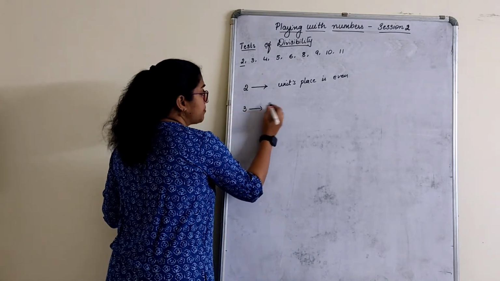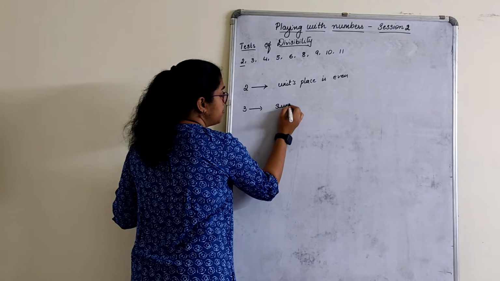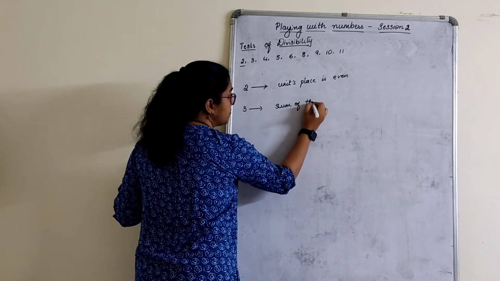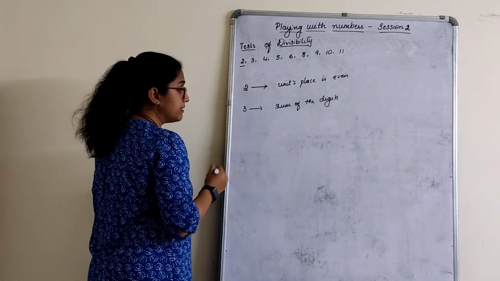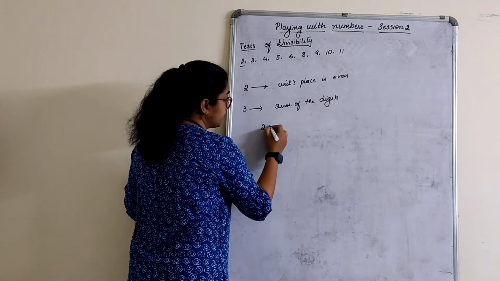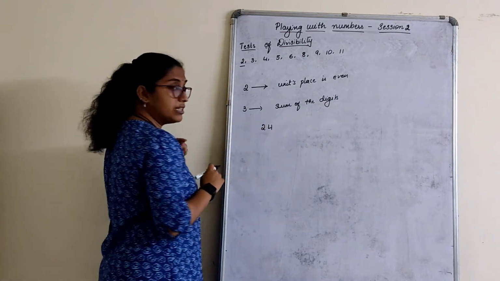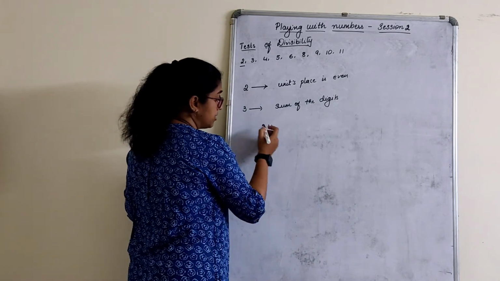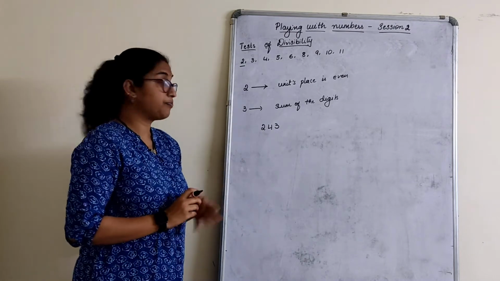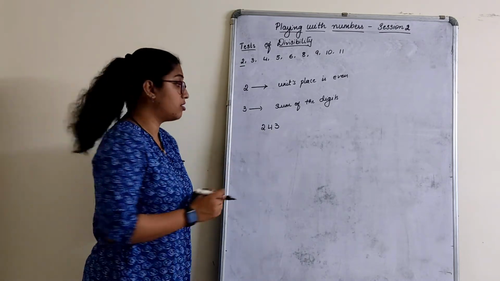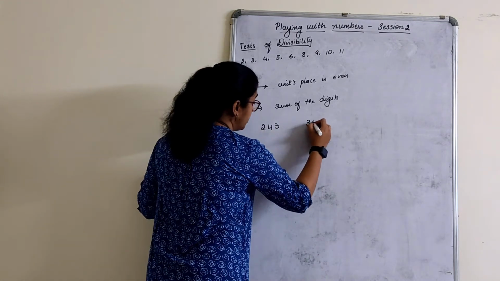Divisibility by 3: if the sum of the digits is divisible by 3. For example, 24 is divisible by 3. Now see here, I will take one number, 342.